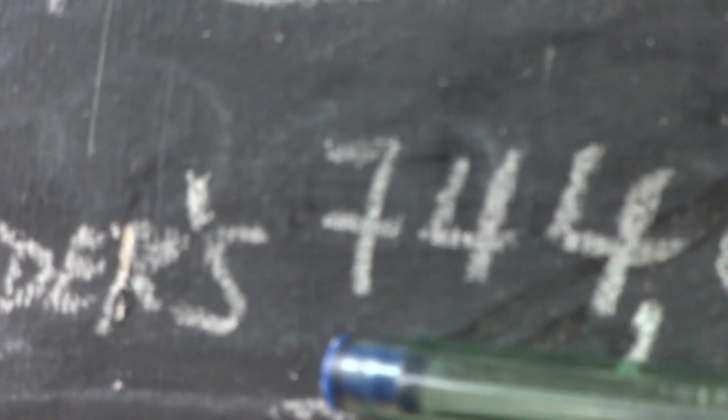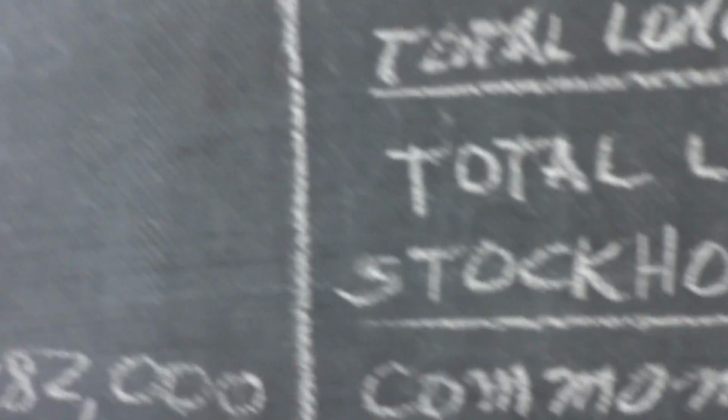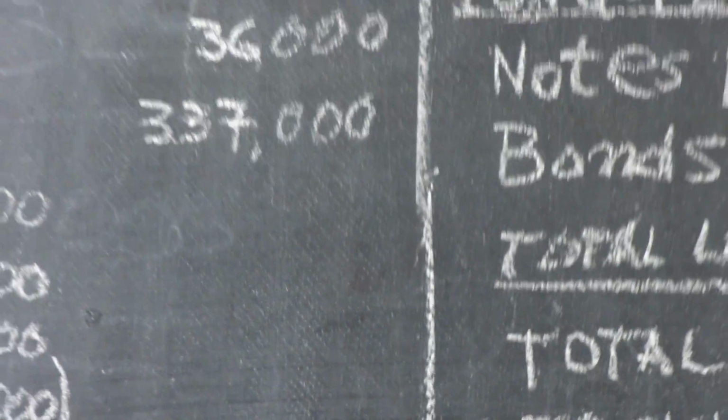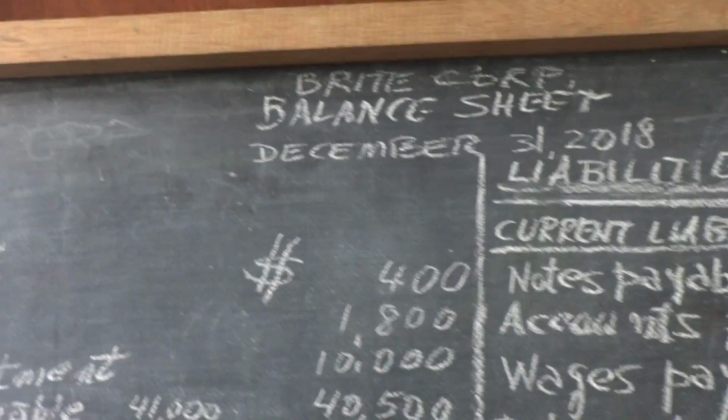It gives $744,000. This way, the balance sheet is in economic equilibrium.